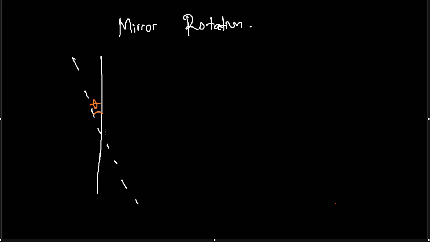So initially, let's say this was the reflected ray. A ray was incident here, but then we rotated the mirror. So the new angle of the reflected ray, or where the reflected ray is going to rotate through, is going to be twice that angle, which is 2 theta.